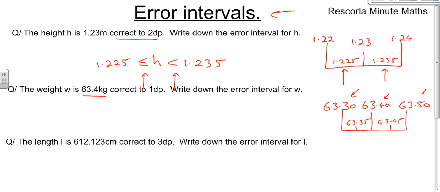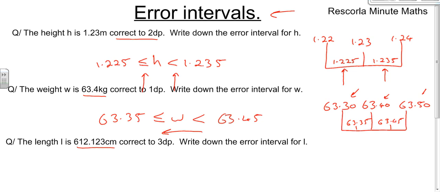So these are the two numbers that are going to go on either end of your error interval. Now your W goes in the middle. And remember the first one, it's always pointing to the left, by the way. So W is greater than or equal to 63.35, but just less than 63.45. Remember the arrows always point to the left.